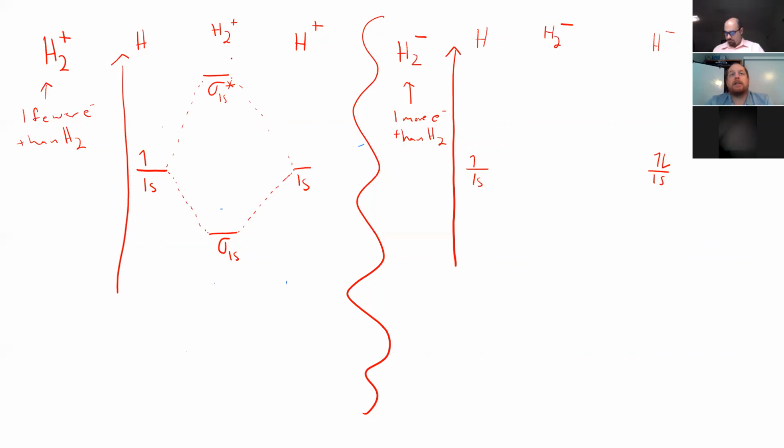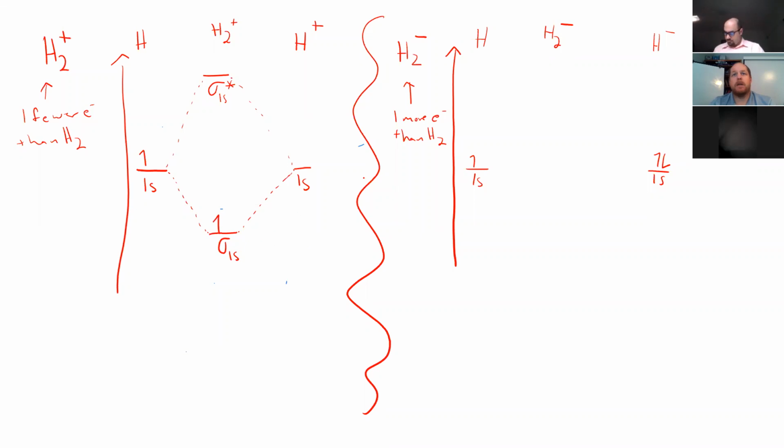Once we have that constructed, now our molecular orbitals are in the middle. We only have one electron, coming from the H atom, not the H plus ion. And so we only have one electron to place in here. Okay. And we're going to come back and look at this from an electron configuration and bond order standpoint in just a minute.